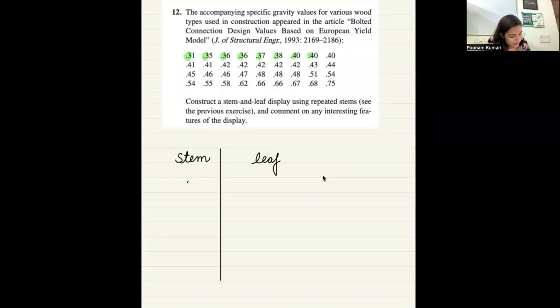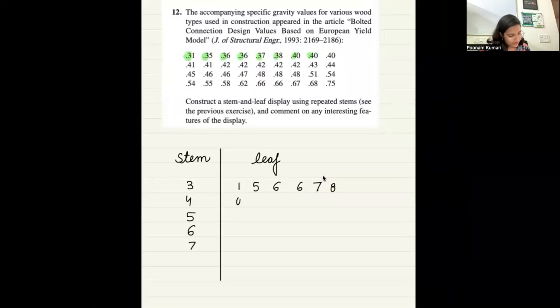Yes. 3, 4, 5, 6, 7. That's all, right? And what are your leaves? All these numbers are written in ascending order only, so it's very convenient for us. So we'll just write 1, 3, 1, 5, 6, 6, and 7, right? And 8 also. So 1, 5, 6, 6, 7, and 8.